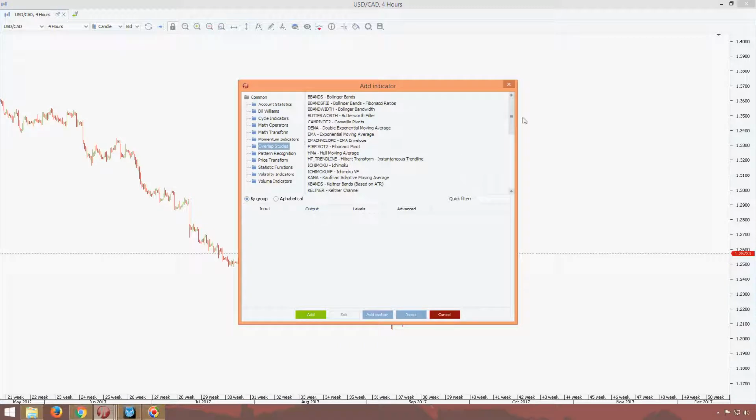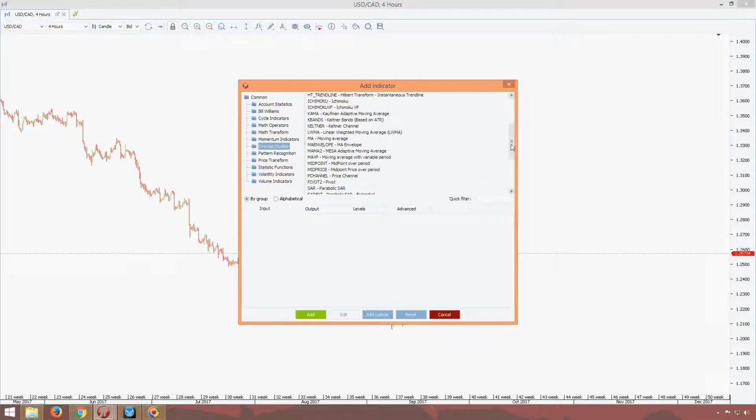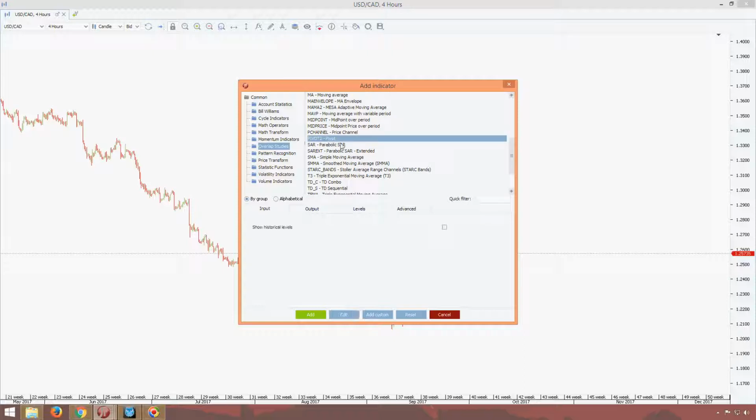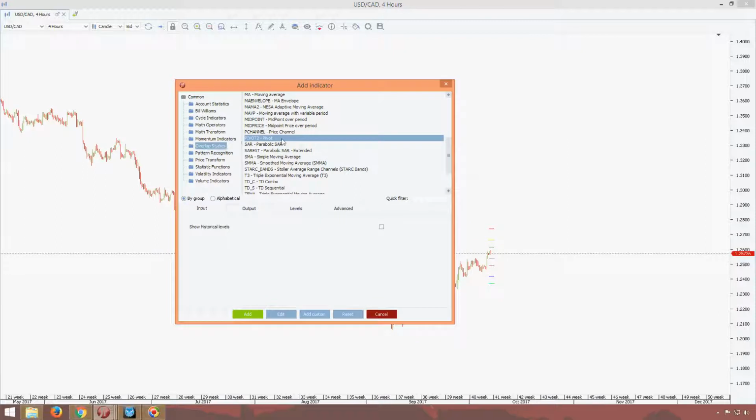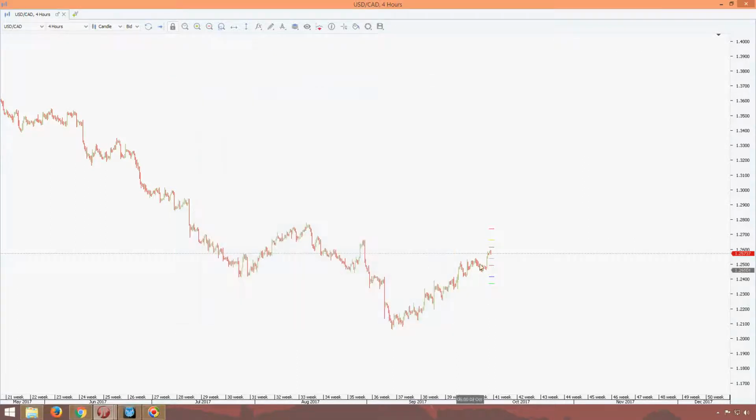So let's go to Add Indicator. We'll look at the overlap studies, namely trend indicators. These are applied on the screen, and then we go to the pivot. Take a look at what happens when I click Pivot 2. We already have these coloured lines on the right side. We click Add, and the indicator appears on the screen.